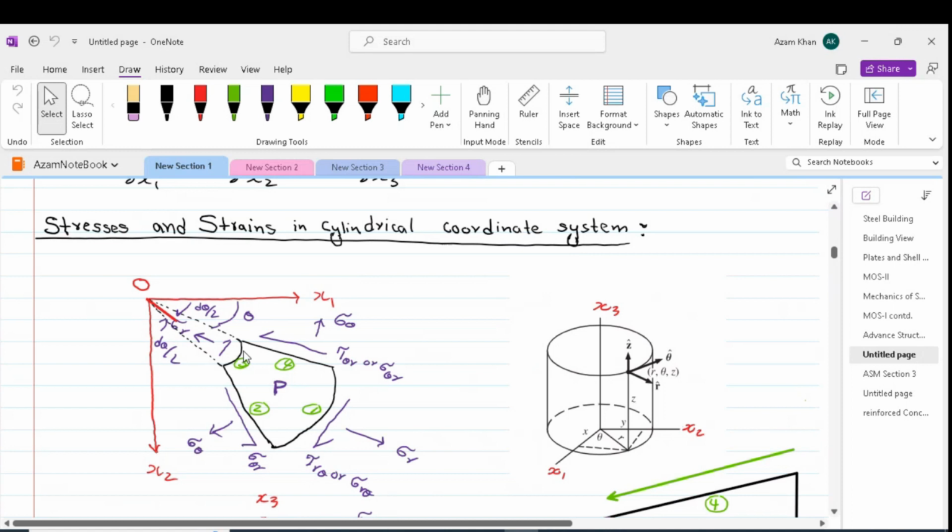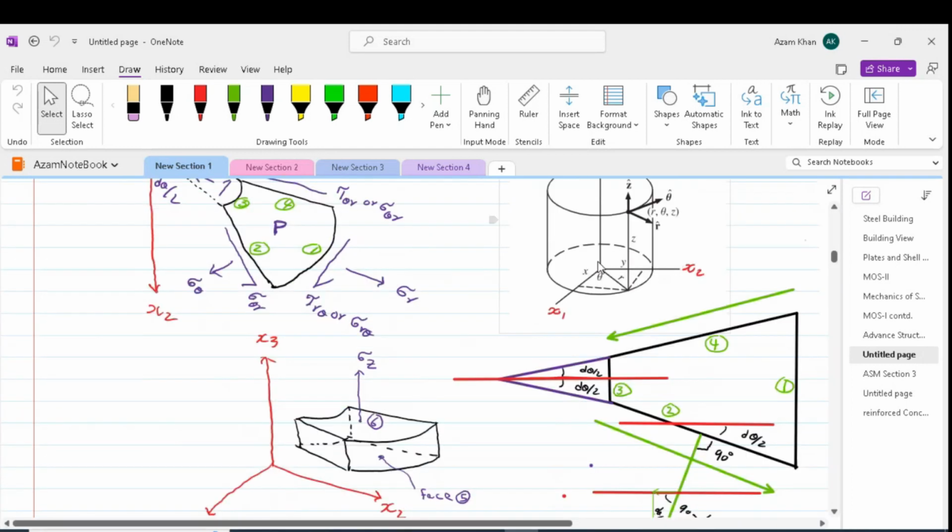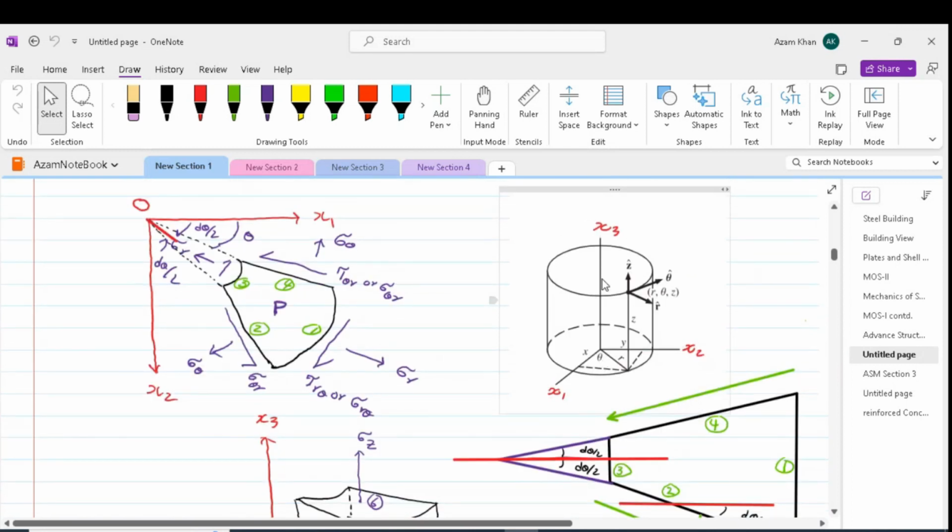In this problem, we can have three distinct components for displacements and forces. One component will be in the radial direction, another component will be in the circumferential direction, and the third component will be in the longitudinal direction. The longitudinal axis will be considered as Z.